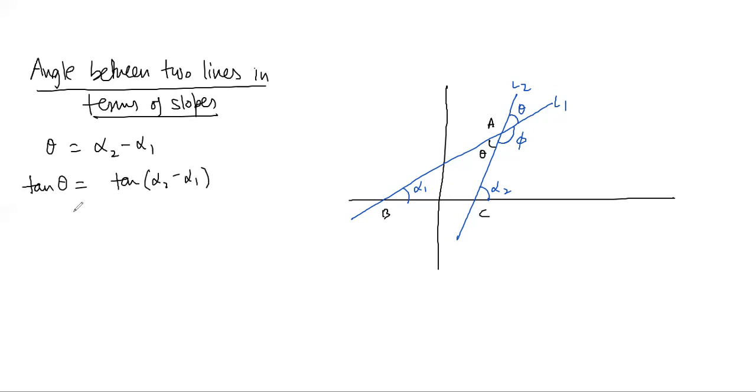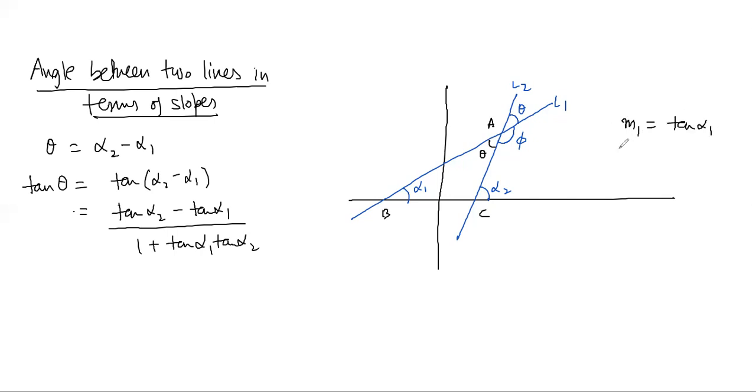Now in trigonometry we have already done the formula for tan A minus tan B. So tan of A minus B is tan A minus tan B upon 1 plus tan A into tan B. Now the slopes: the slope of the first line is m1, which is tan of alpha 1, and the slope of the second line is m2, which is tan of alpha 2.